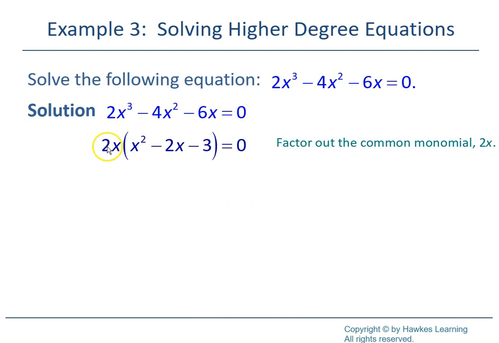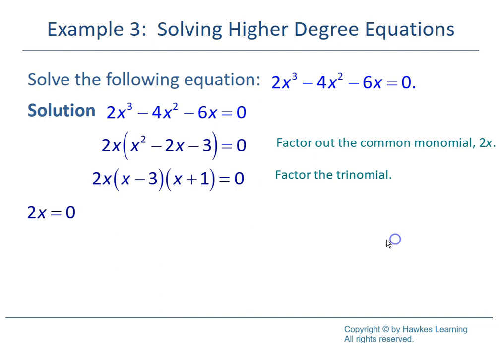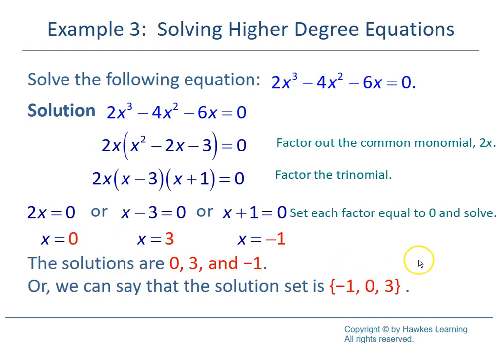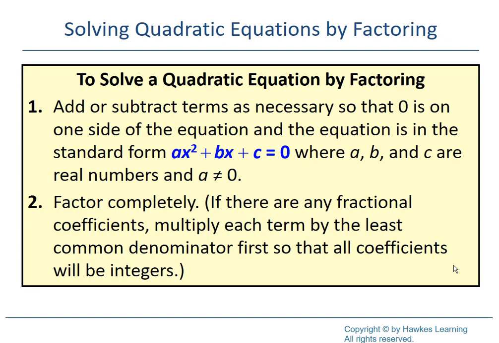So they factored out your 2x, factored the trinomial, set each of them equal to 0, and then there are your solutions. Now, in an equation that's to the 3rd degree, you should have 3 solutions, and they do. Don't forget about this 2x equals 0, which is 0. And they all make the equation correct.